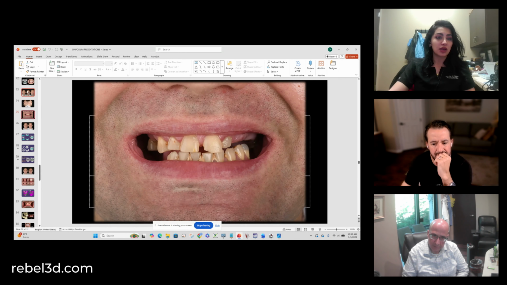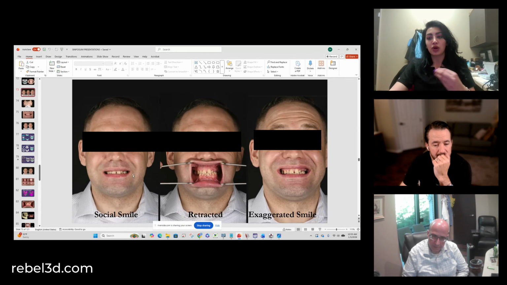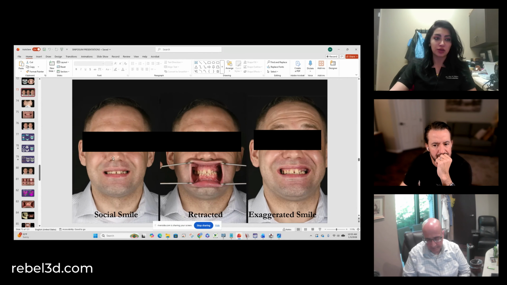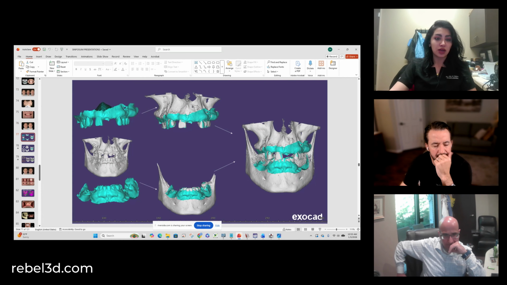But if you see it in maximum intercuspation, you can see how collapsed his bite is and how we need to increase the vertical dimension a little bit to obtain more prosthetic space, give him a fuller smile, more incisal edge position display. So we captured it at the desired vertical dimension. I opened up his bite 5-ish millimeters.